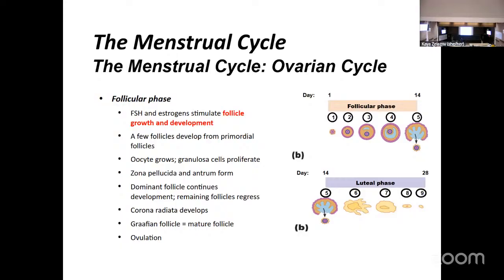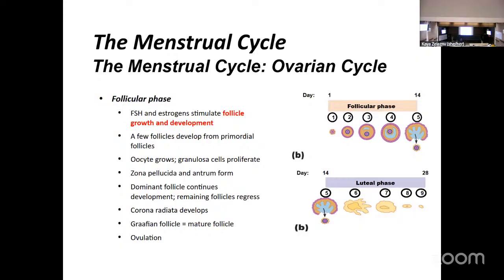So we're going to have cells in the ovary itself that produce estrogen, responding to estrogen as well. And we also have FSH coming from other parts of the body. So follicle stimulating hormone is coming from outside the ovary. FSH and estrogens are working together to stimulate our follicles to grow and develop.